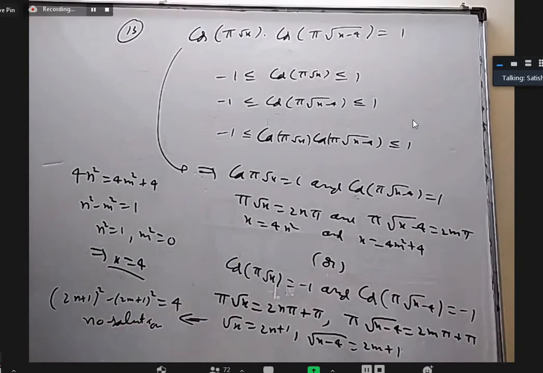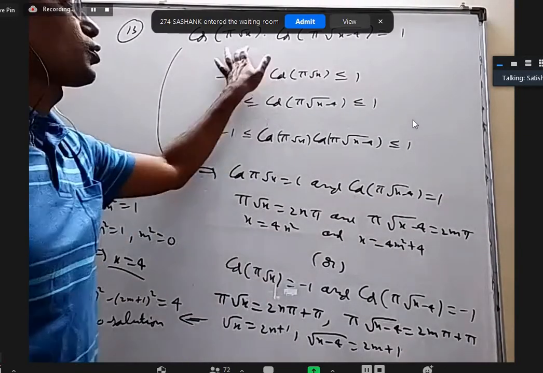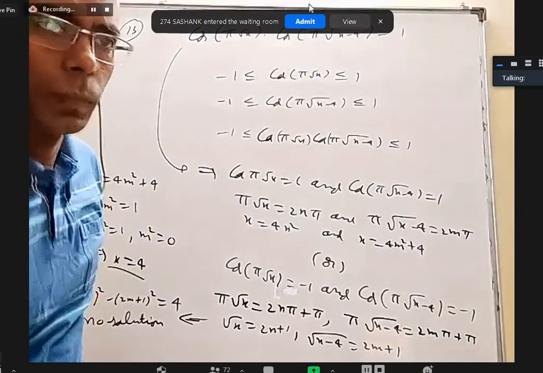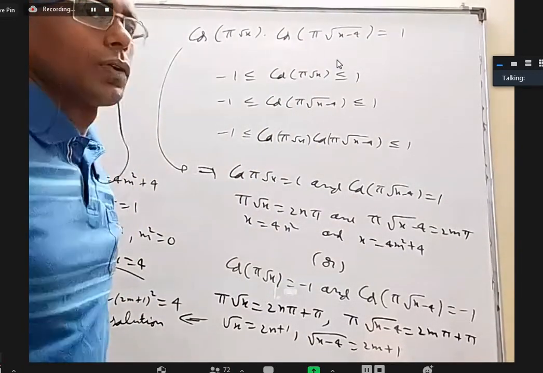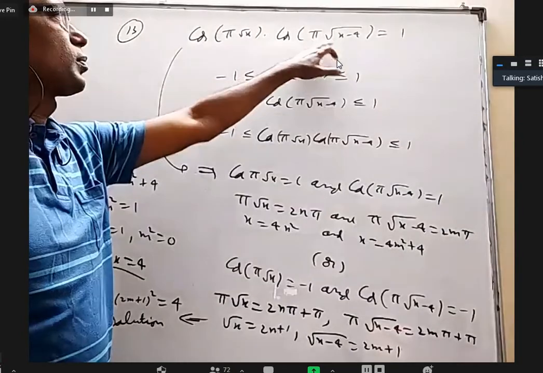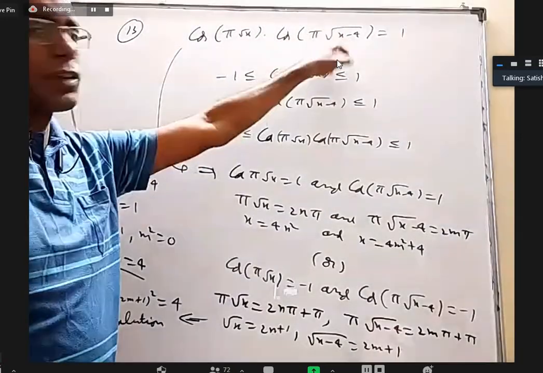This is also another possible case to consider, but it is not possible. Another way of saying the same thing without writing all this is that both should be integer multiples of pi. And x should be minimum 4, because otherwise, less than 4, this will not be defined.